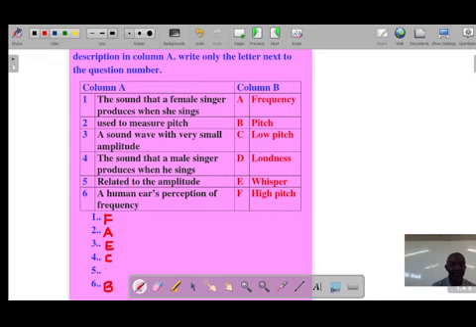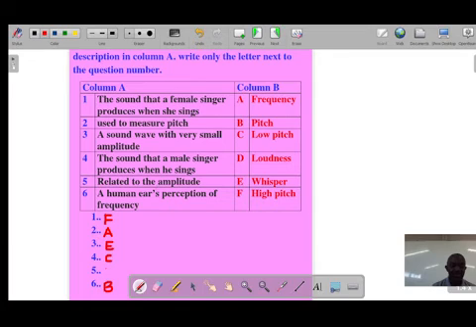Then number 3, a sound wave with very small amplitude, that will be a whisper, which is E. And then the sound that a male singer produces when he sings is a low pitch, which is C. And then related to the amplitude. Now amplitude relates to what? To the pitch. So pitch is B.